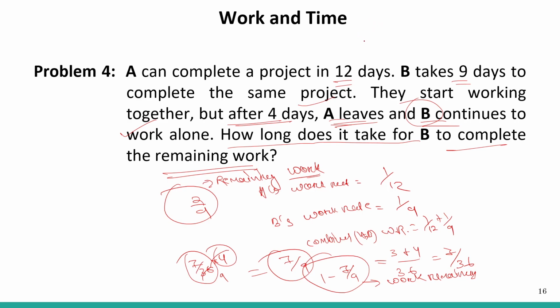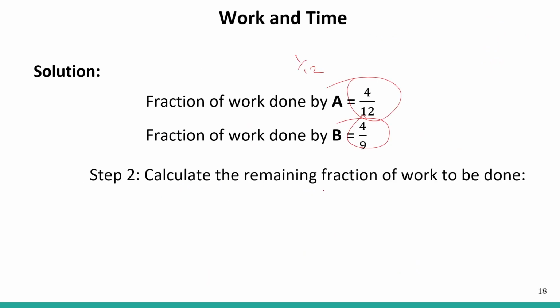Time is equal to work by rate. B's rate is 1 by 9, so 2 by 9 divided by 1 by 9 is equal to 2. So B will have to work for 2 extra days to complete the whole task.